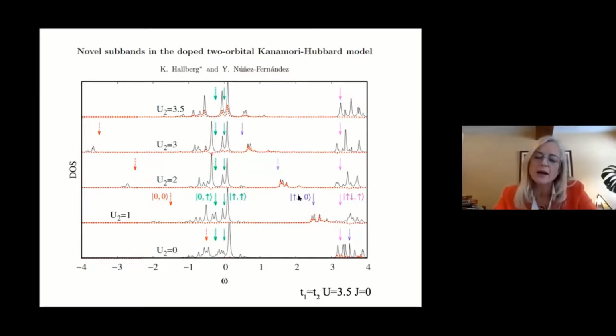And as we crank up U prime even further, this band goes to lower and lower energies until it merges with the low energy structure for this value of U prime, and this value of U prime is U prime equal to U, so it's the rotational invariant case. We have identified this structure that is stripped off the upper Hubbard band as a holon-doublon band.